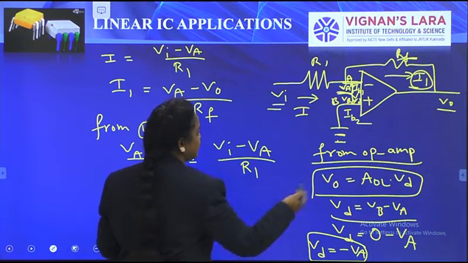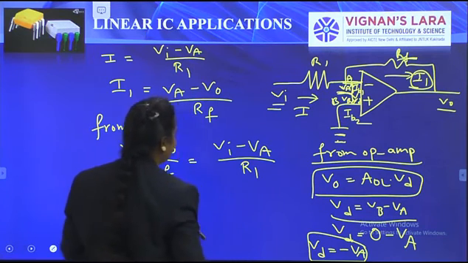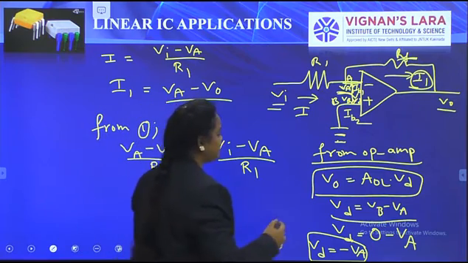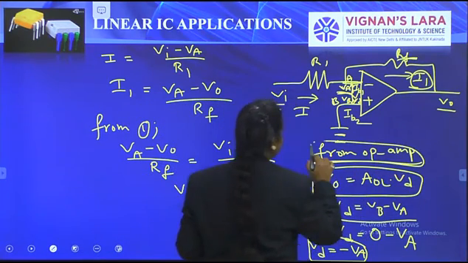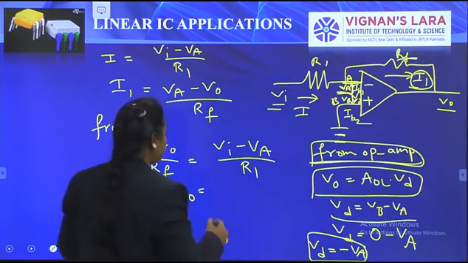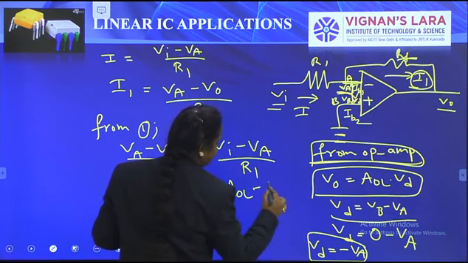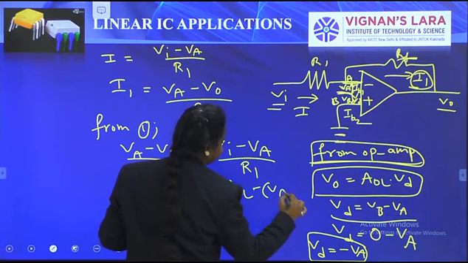So in place of V0 is equal to AOL VD, we can write V0 is equal to AOL into minus VA.